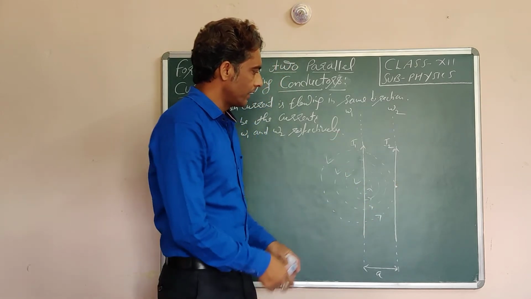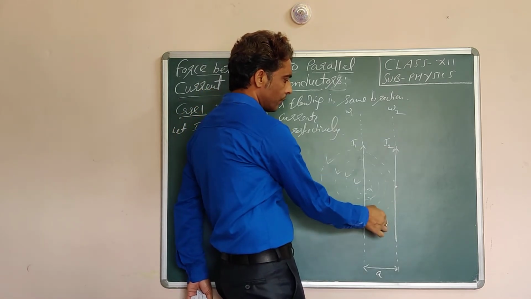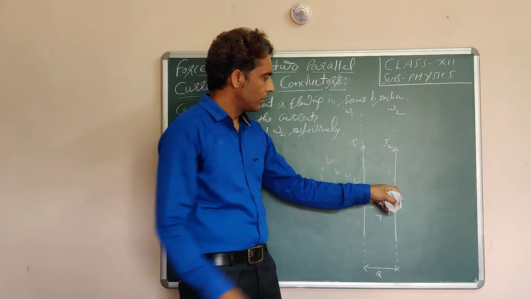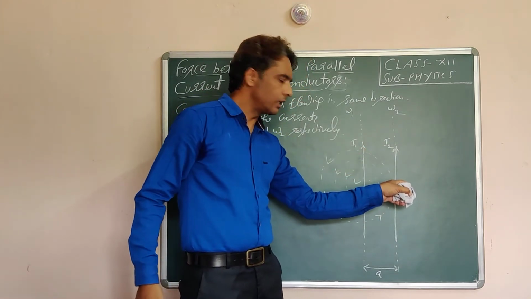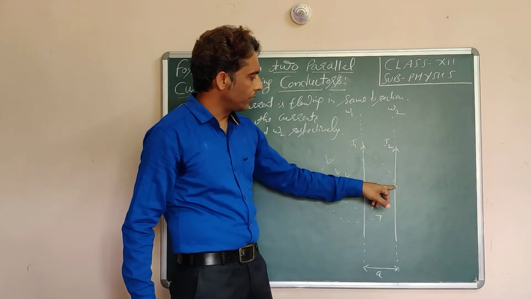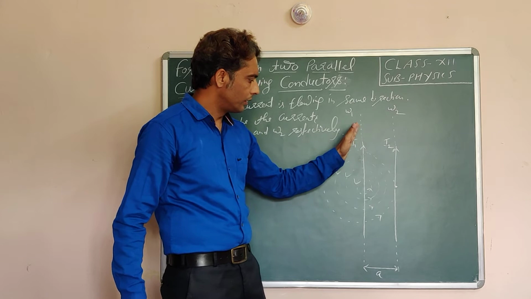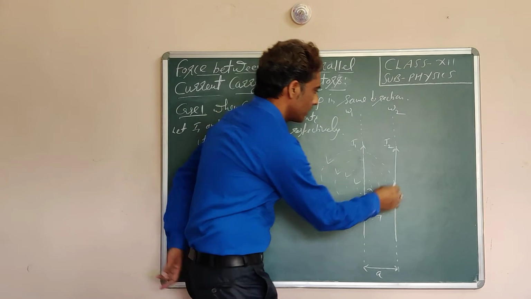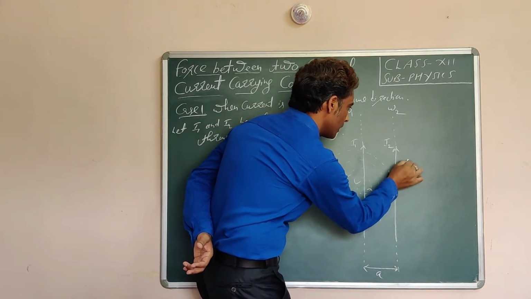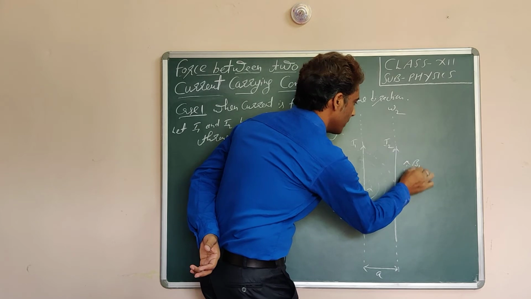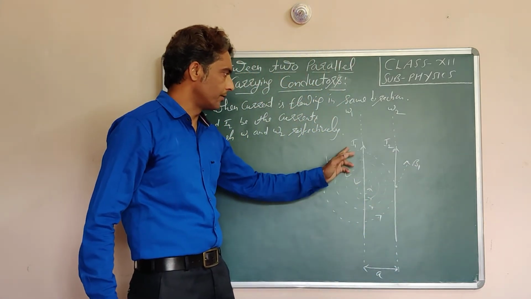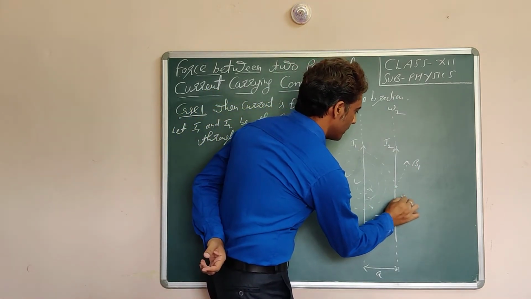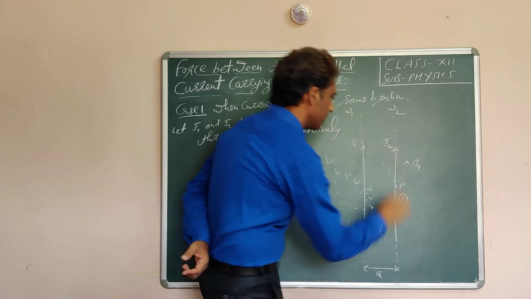We can also find direction by drawing tangent to this magnetic field line at this point. So if we draw tangent at this point on this circle, it will be directed inward. Means the direction of magnetic field at this point due to this current carrying conductor is inward. So that is represented by this arrow. This is magnetic field due to conductor carrying current I1. So let it be B1. So the magnetic field is inward.